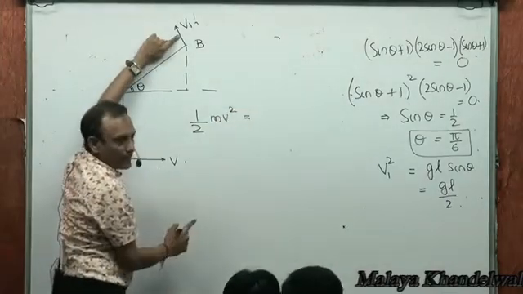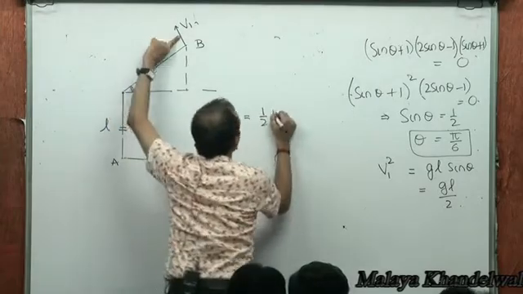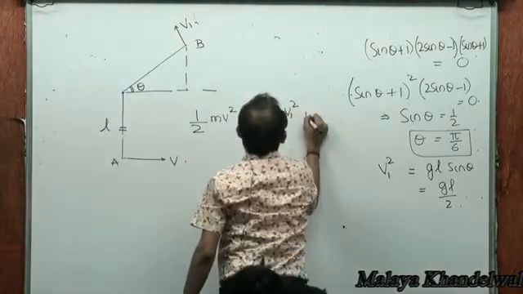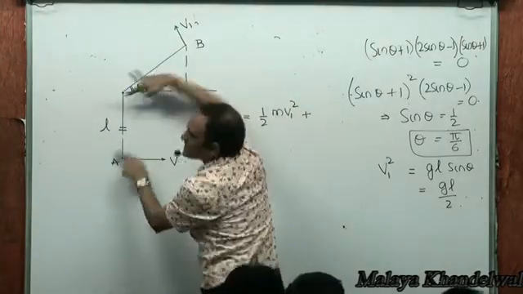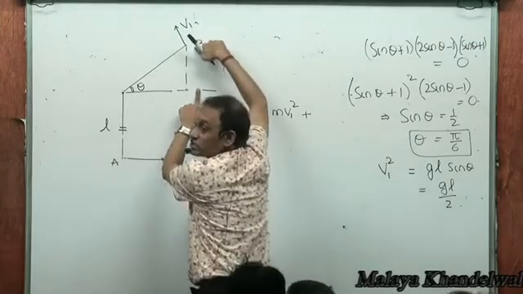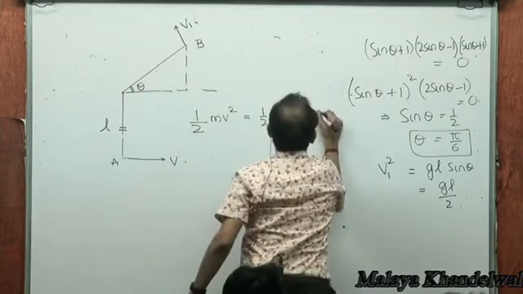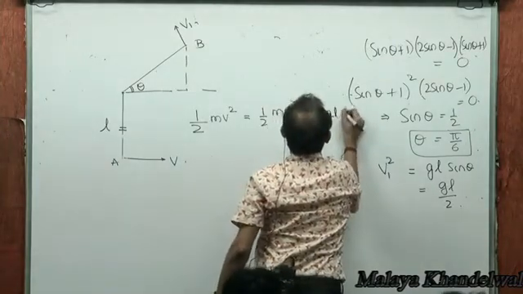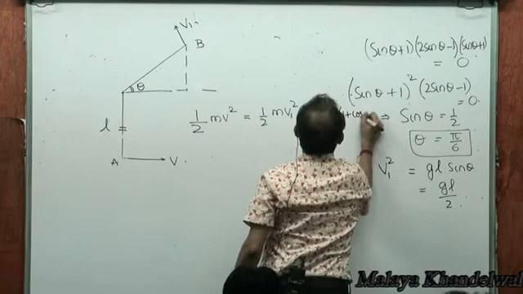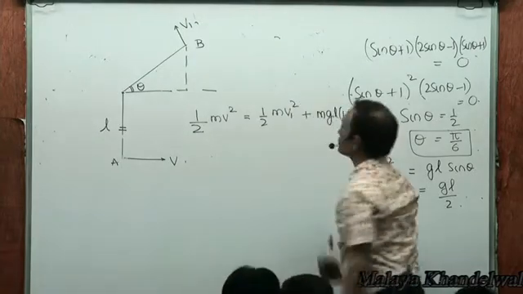At this point, it became half mv1 squared plus potential energy, which became L plus L cos theta. L plus L cos theta, yes or no? That's the gain in elevation. So mg into L into 1 plus cos theta. Yes or no?